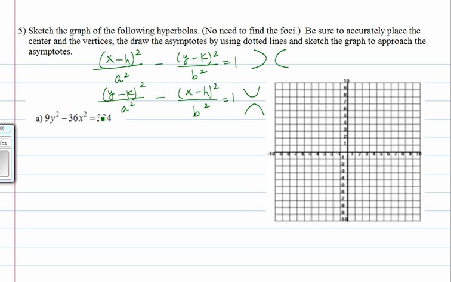So the first thing we got to do is to make this 324 to be a 1. So we have to divide both sides by 324. Okay, so we now reduce 324. We need to see how many times 9 goes into it.